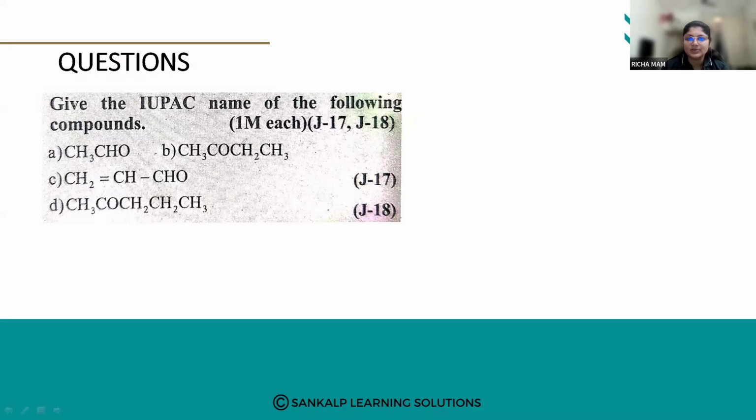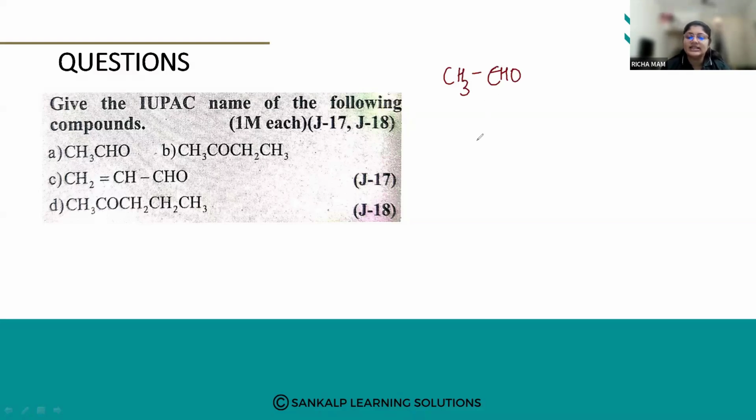They may give you any structure, and for each structure, if you give the correct IUPAC name, you will get 1 mark. The first compound is CH3CHO.